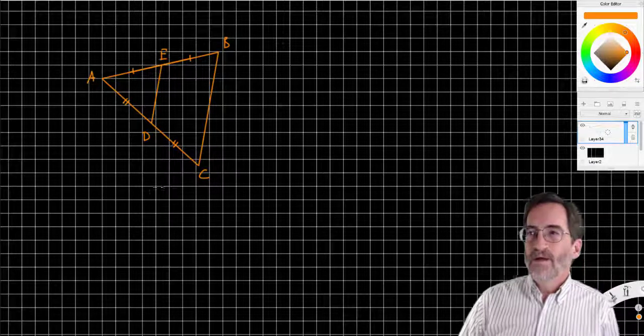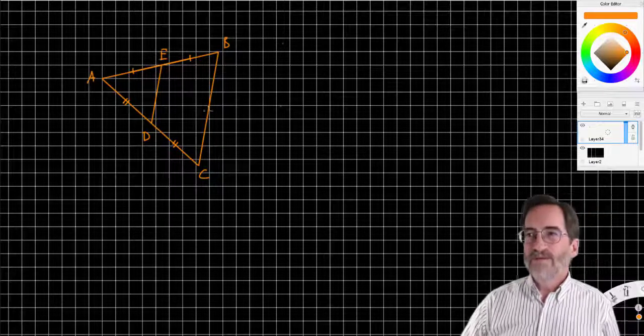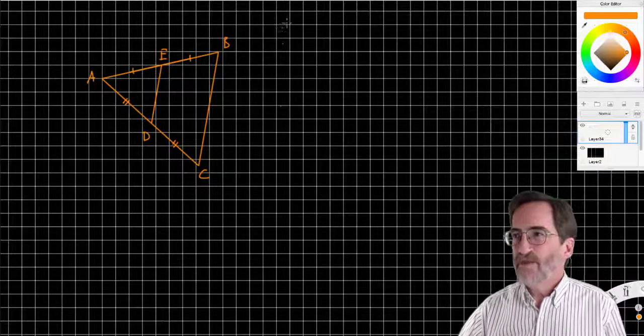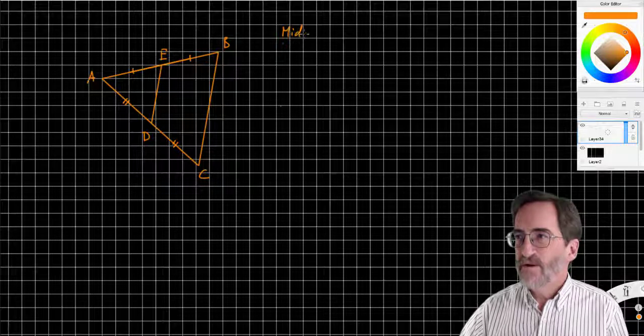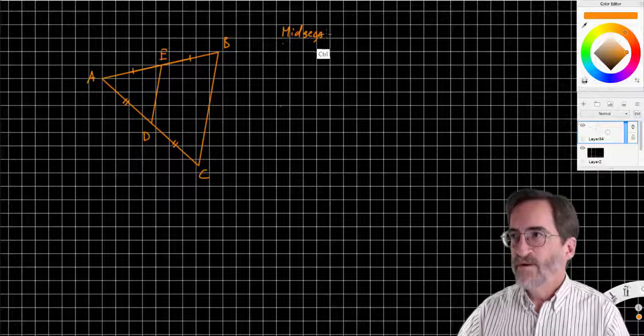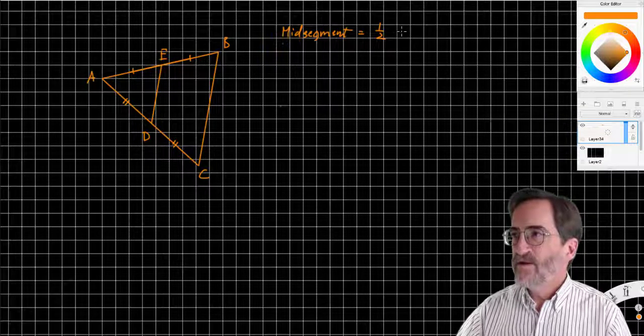Now there's a rule about the mid-segment of any triangle, and that is this: the mid-segment is 1/2 the opposite side.